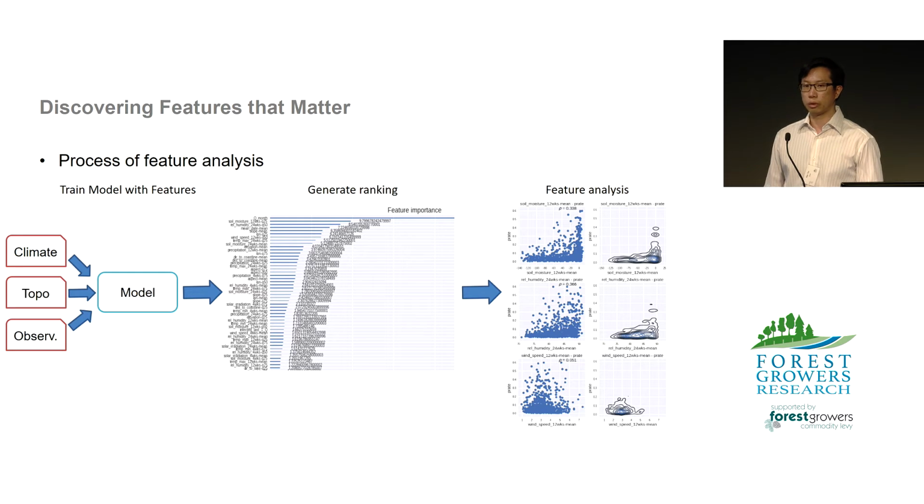Once the model is trained, we ask the model to generate a feature ranking. This feature ranking is basically a ranking of how the machine perceives the importance of each feature for predicting RNC. Using the ranking, we then focus on the top 15 important features, and we extract the data using those features and correlate them with our RNC field observation.